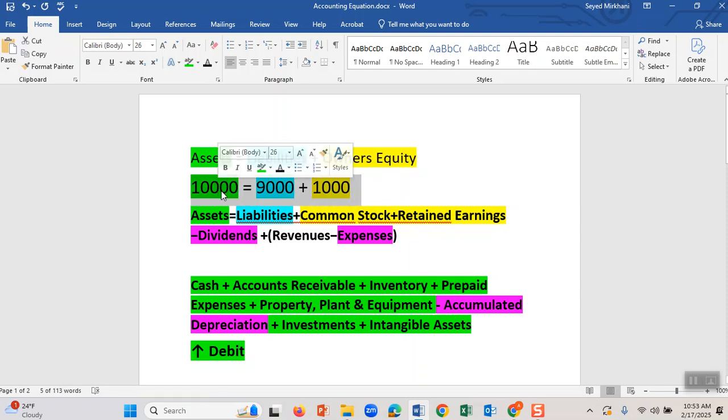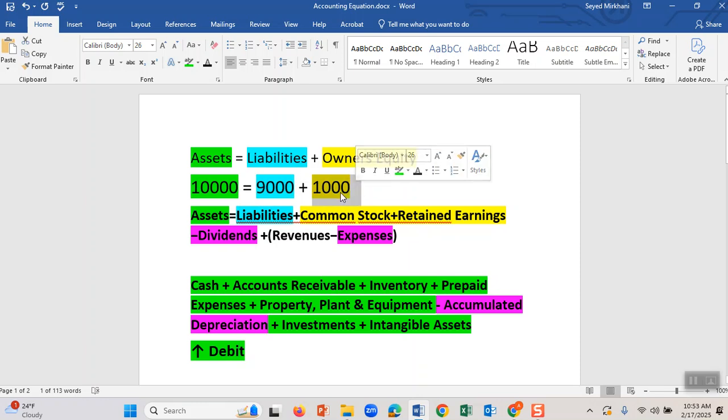That's why the accounting equation always stays the same: when something is impacted in here, it will impact this part as well. Or if it impacts this side, it will impact this side as well. Or if it makes this one go up, it makes this one go down on this side. That's why it's always staying balanced.